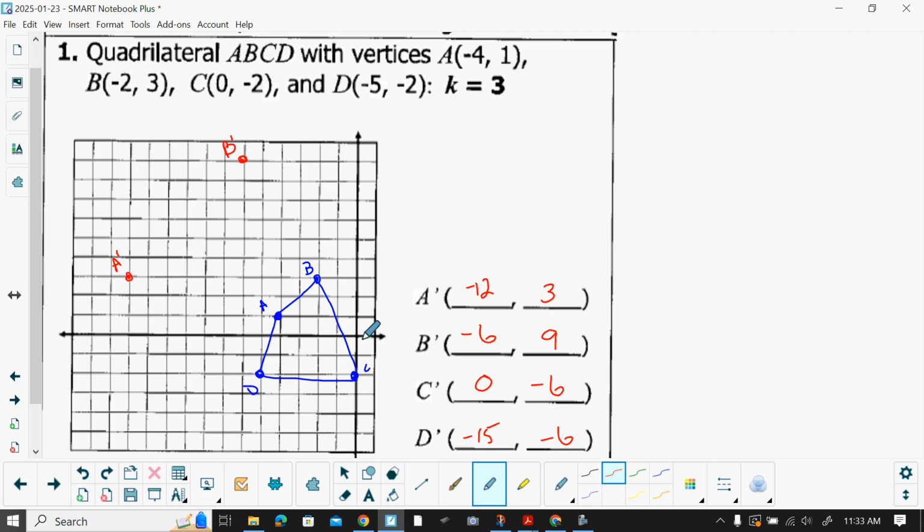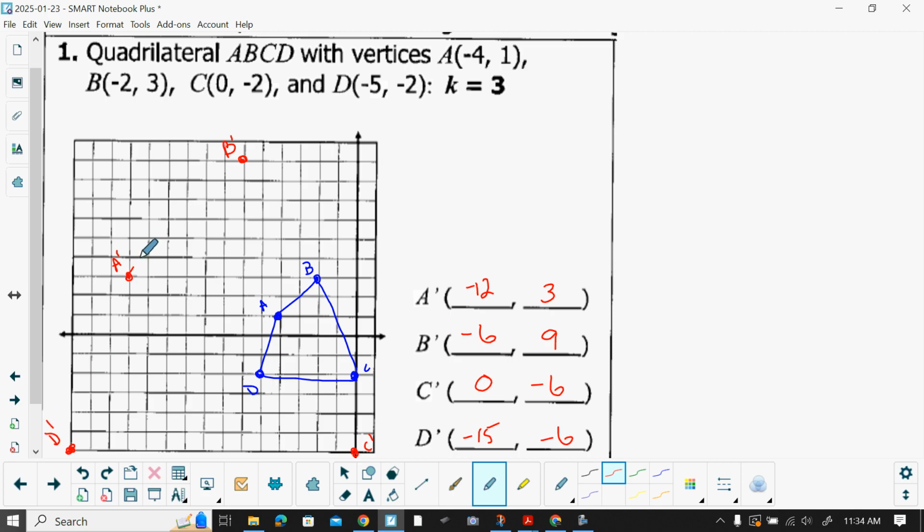C prime is 0, negative 6. There's C prime. And D prime is negative 15, negative 6. That would be right there. So there is D prime.